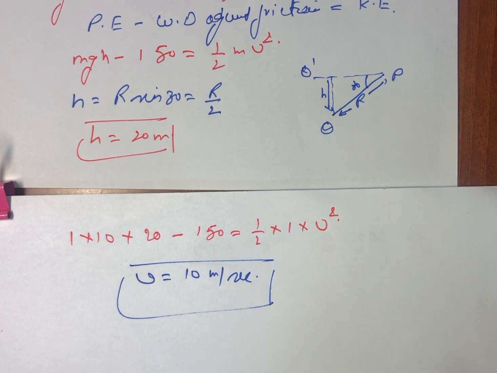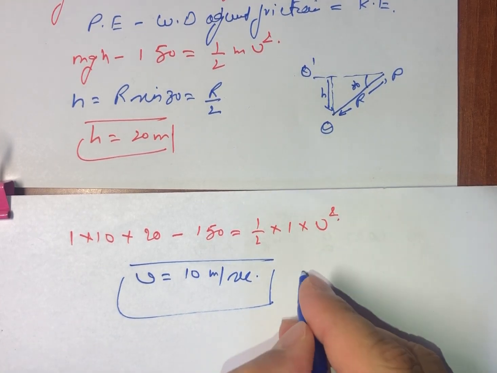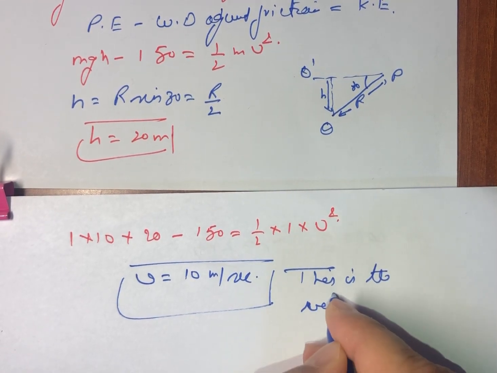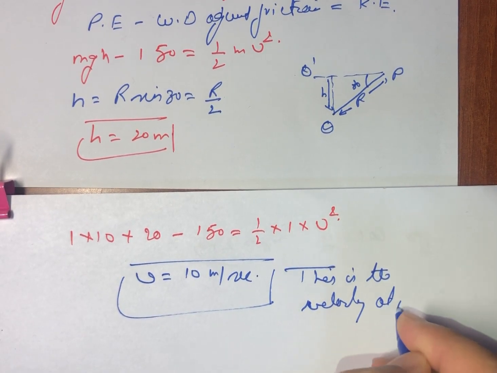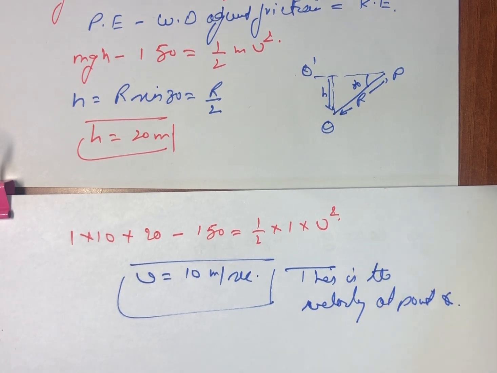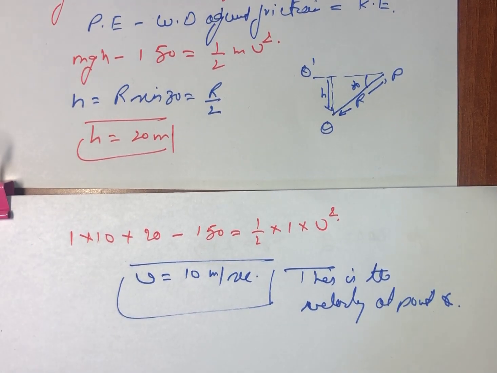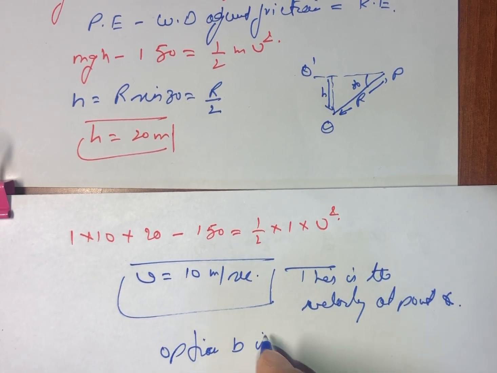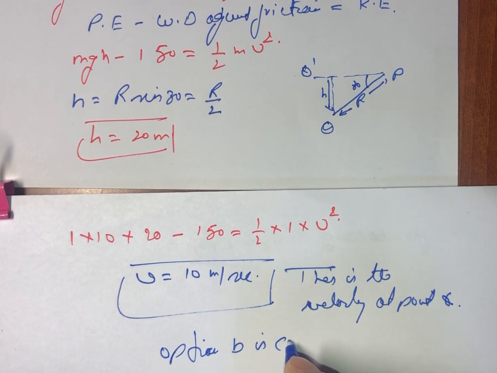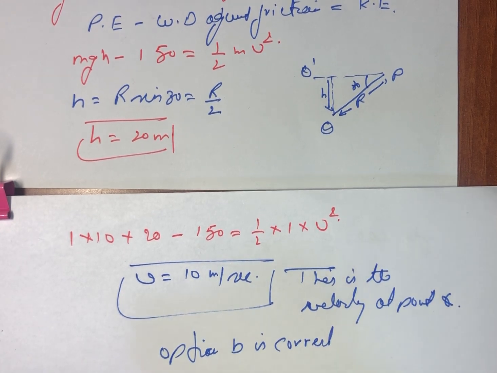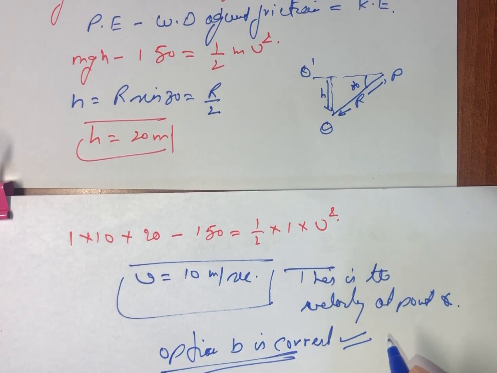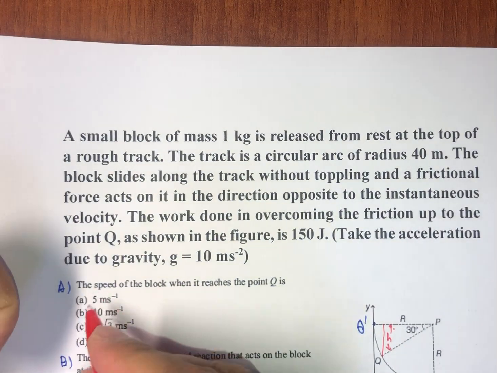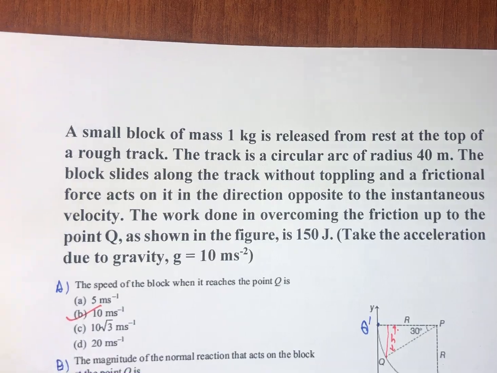So this is the velocity at point Q. Therefore, we can say option B is the correct option.